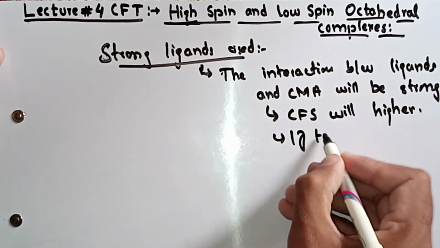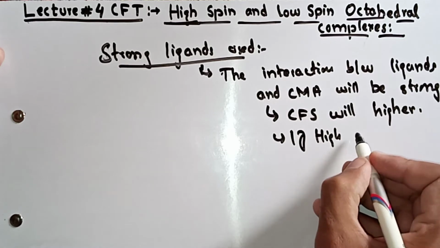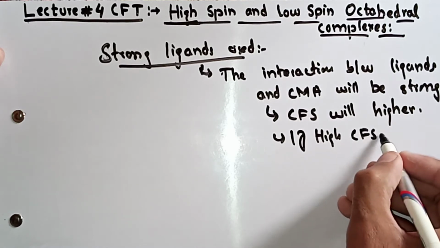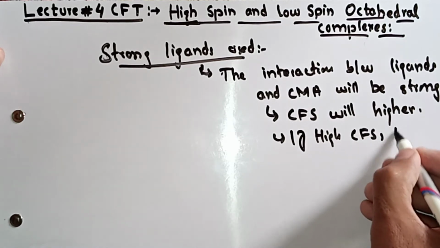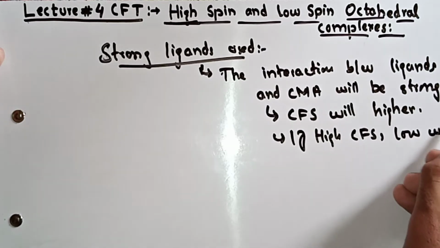If the crystal field splitting is high, the electronic spin will be low.